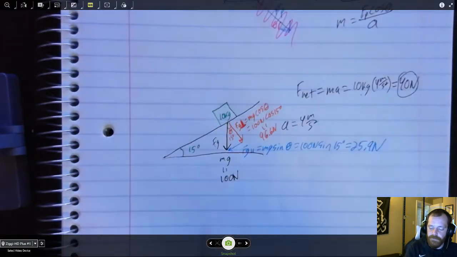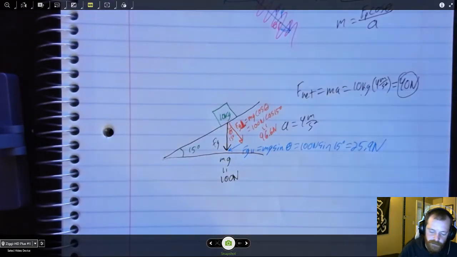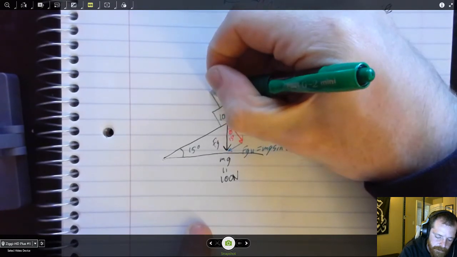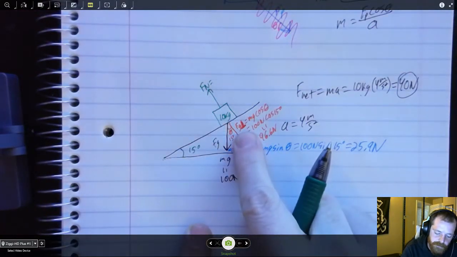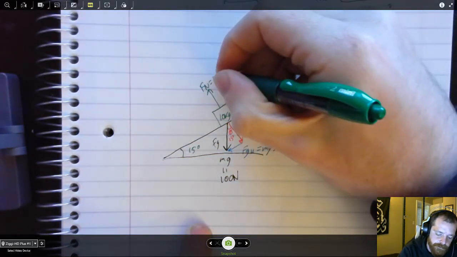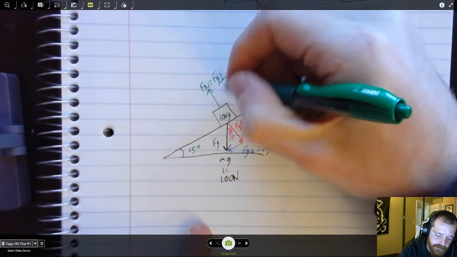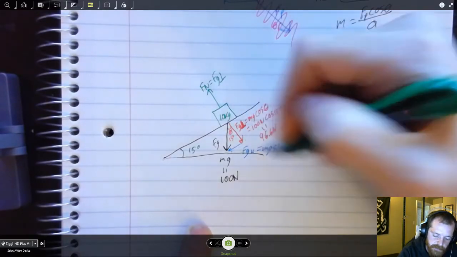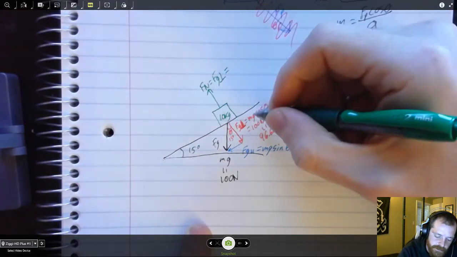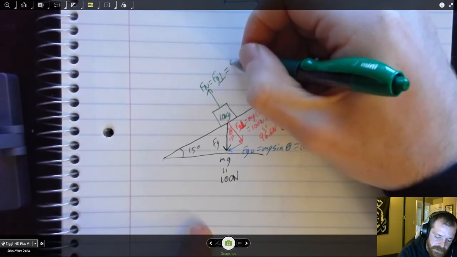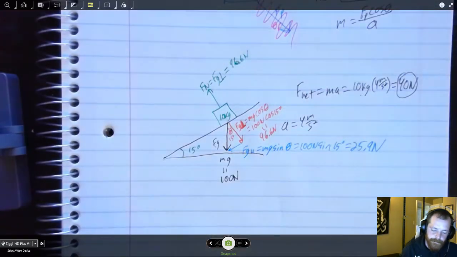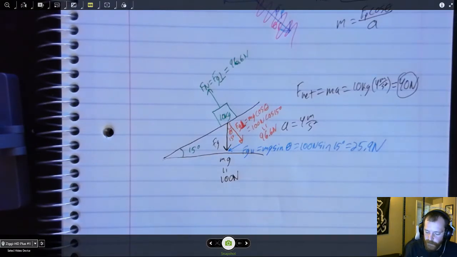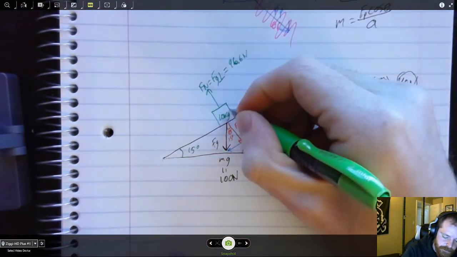Okay, let's think about the other forces acting on this box. You have the normal force pushing up. That normal force must be equal to the perpendicular force of gravity, because this object is not accelerating upwards into the air or downwards into the ramp. So it'll also be equal to mg cos theta, which is 96.6 newtons. There's also some sort of frictional force opposing the motion here.